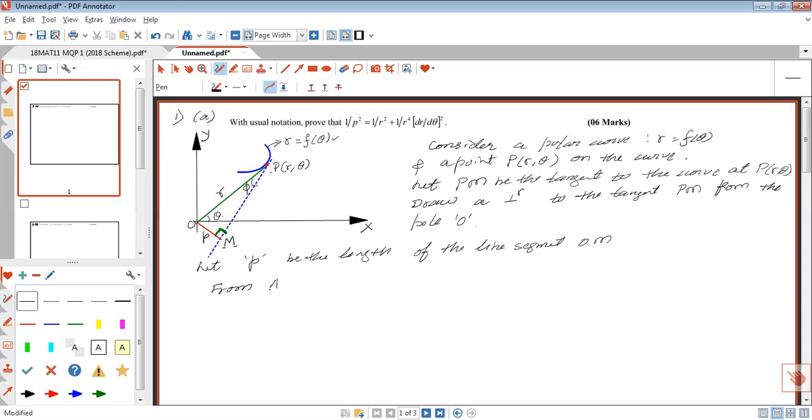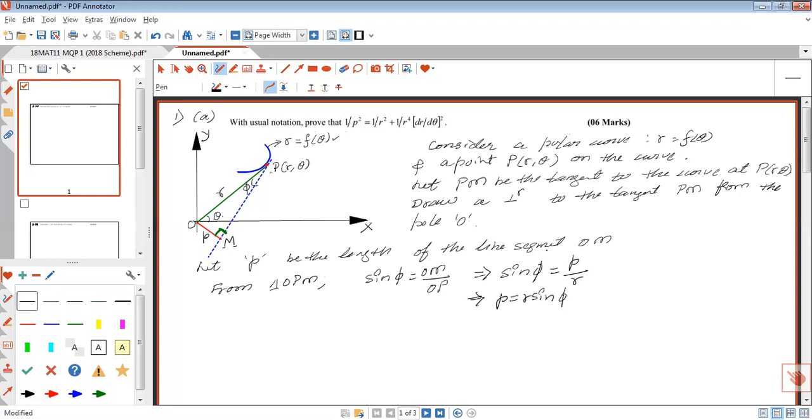From the triangle OPM, the value of sine phi is opposite by hypotenuse. OM is the opposite side, divided by the hypotenuse OP. So sine phi is OM, the length p, divided by OP, the radius vector r, or you can write p equal to r sine phi.